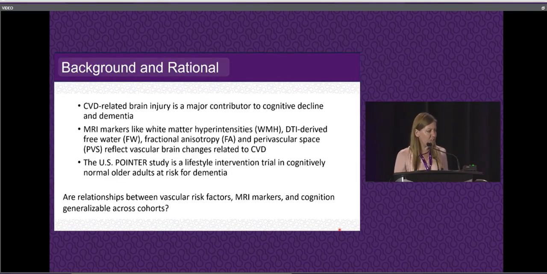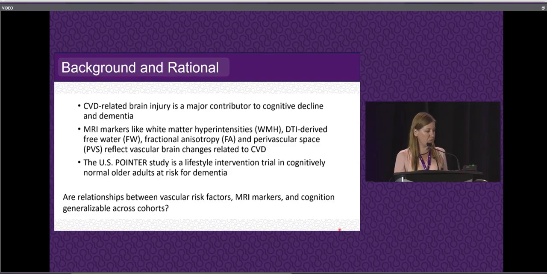So cerebrovascular disease is a major contributor to cognitive decline and dementia. MRI markers such as white matter hyperintensities, free water, fractional anisotropy, and perivascular spaces capture early vascular-related brain change.